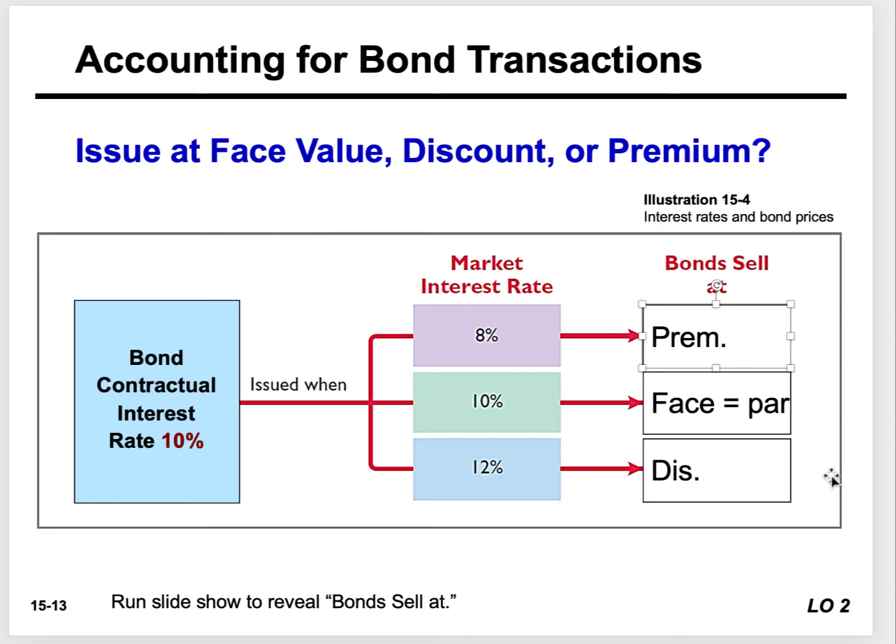That will drive up demand for my bond. More people will want it, and in order to buy it, they're willing to pay a premium. They're willing to pay more money. So instead of paying $1,000, maybe they'll pay $1,100 for this bond, because they're getting 2% more interest than what the market is paying.